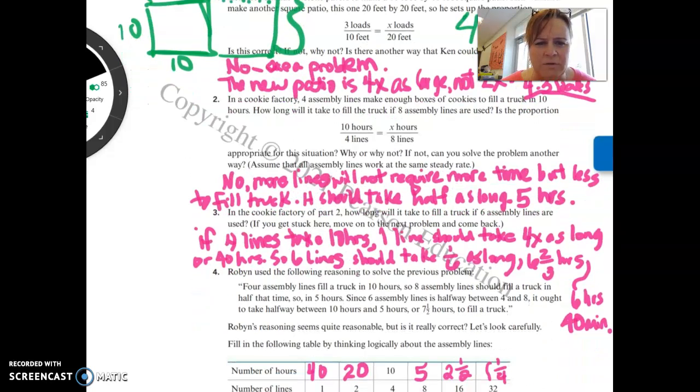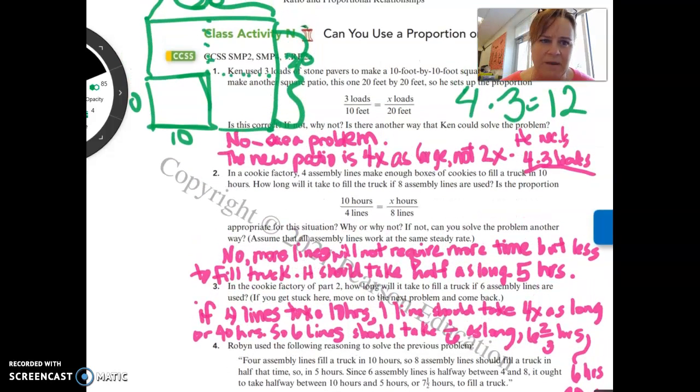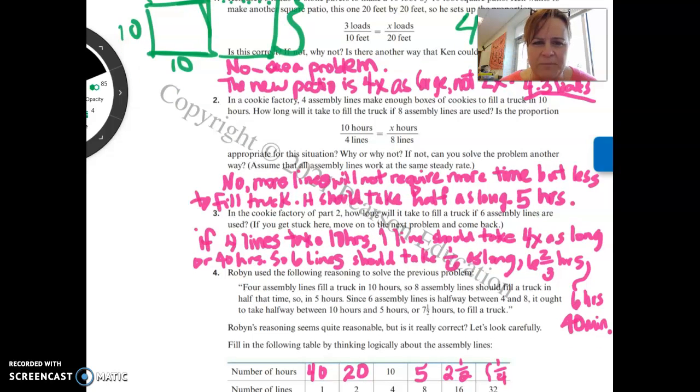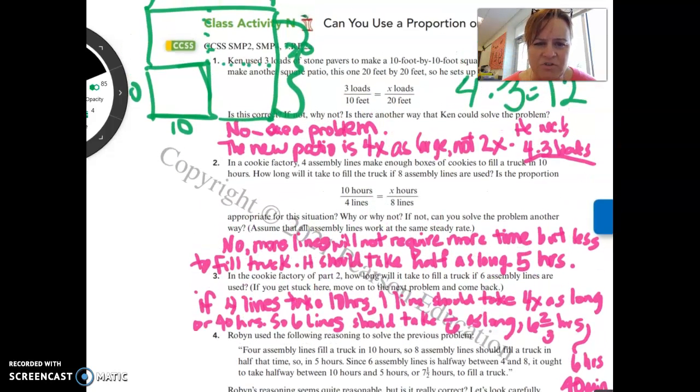More lines will not require more time, but actually less time, right? So it should take half as long, or 5 hours. So just reasoning through this problem is the better approach rather than setting up a proportion, which in this case isn't the appropriate way that we would go about solving this.